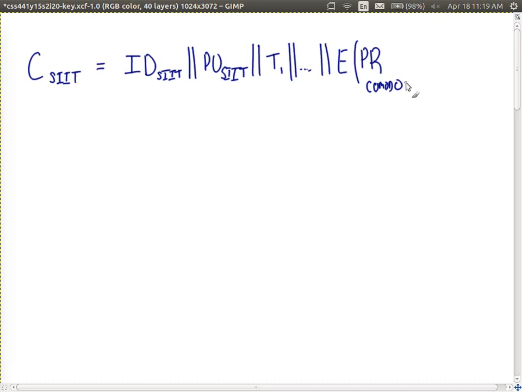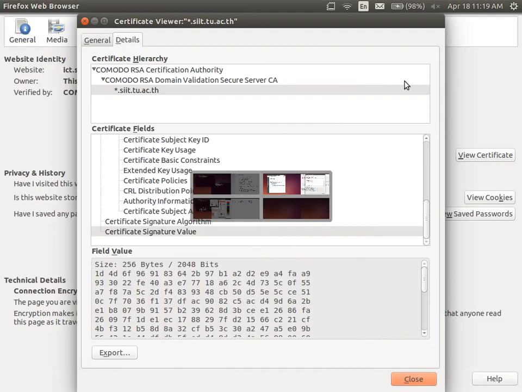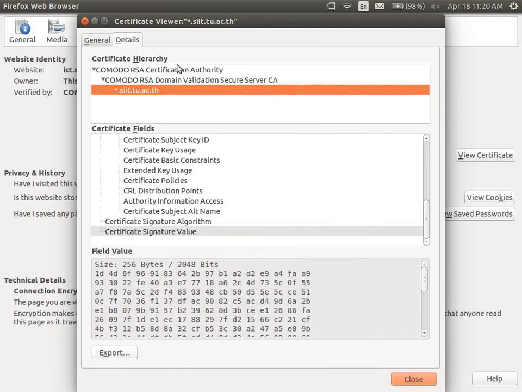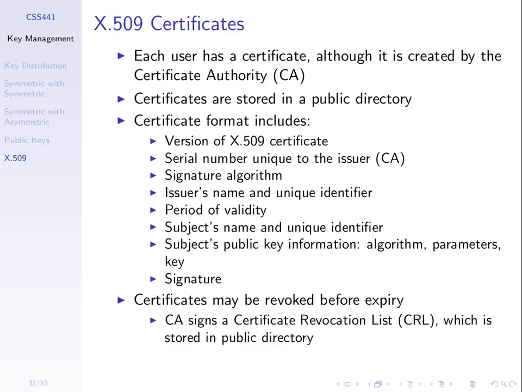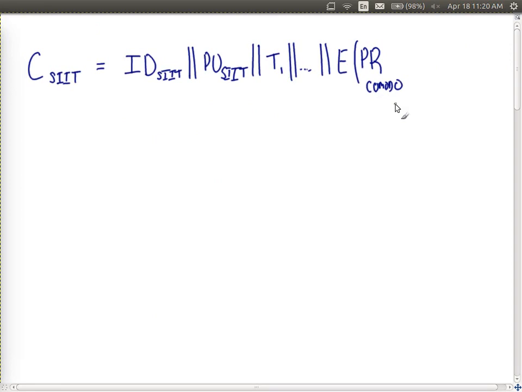And I'll just go back. The actual name, which I will not write, Komodo RSA Domain Validation Secure Server CA. I'll write Komodo D, because we'll see there's another one in a moment. Komodo D.